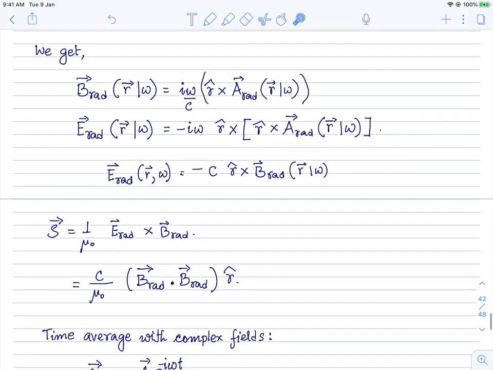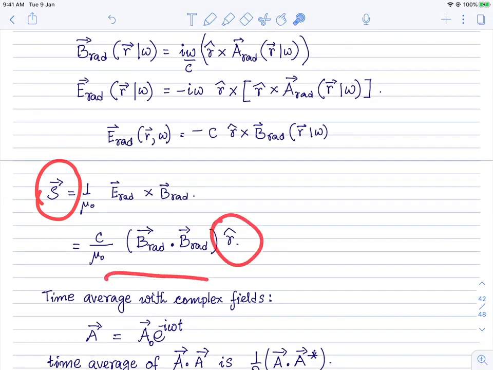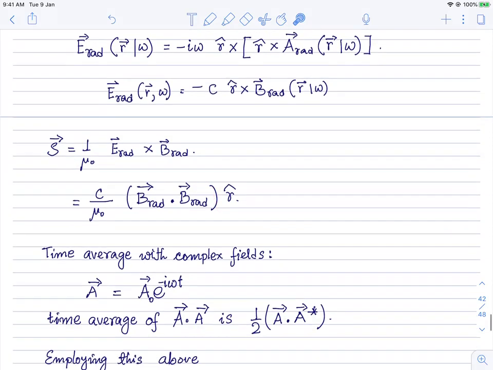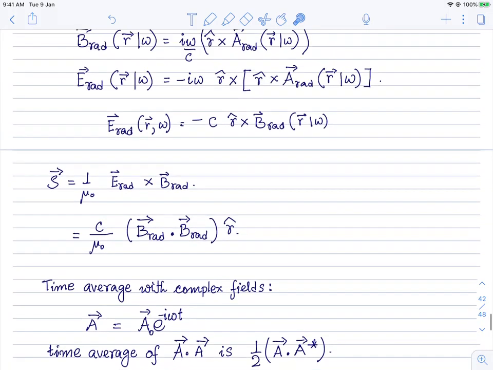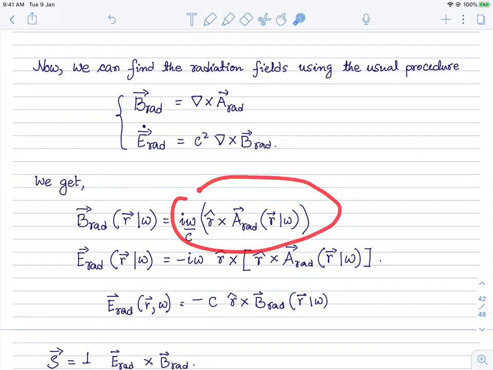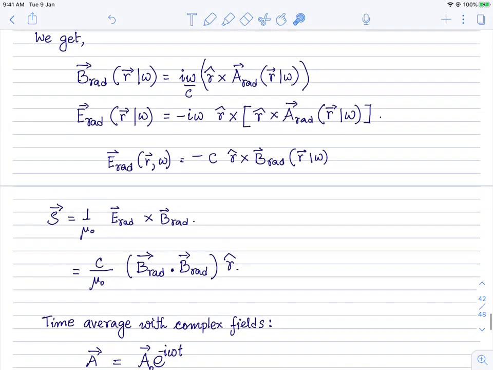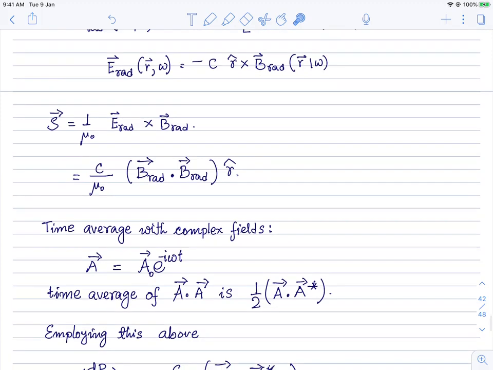Then you can compute the Poynting vector again. It is pointing along the r hat direction, and it's like B squared. So B squared can be given by this expression squared. But because we are using complex notation, you can do something very interesting.